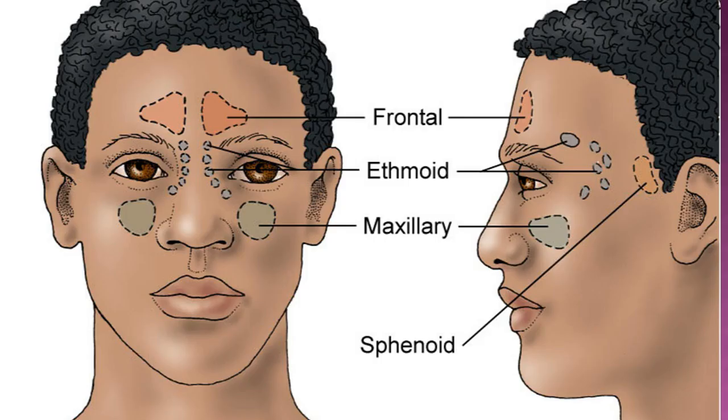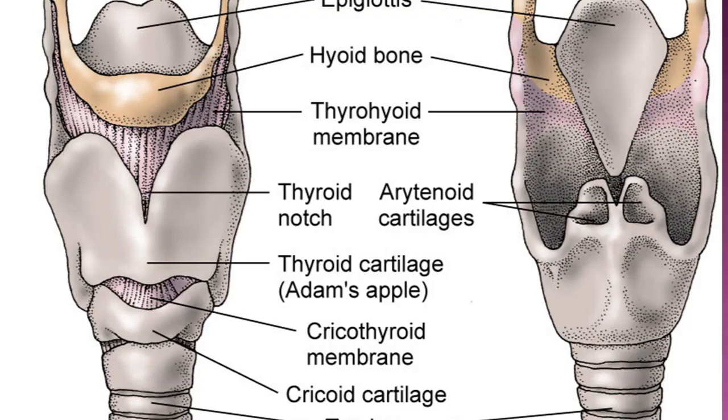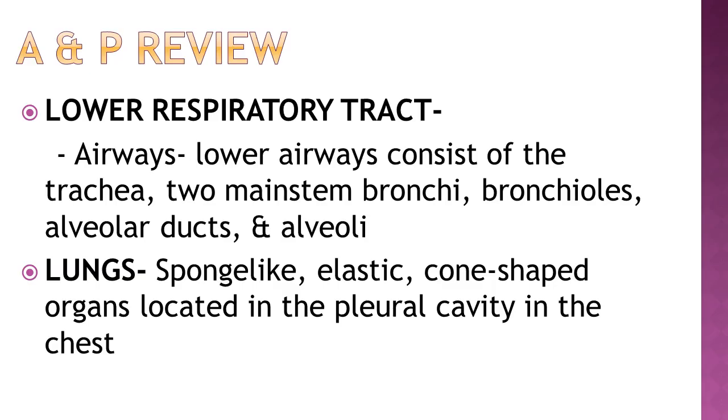And remember, think about the sinuses and the purpose of those. These are the paranasal sinuses. Thinking about the pharynx and the larynx, because anytime we have problems with that, we may see a compromise in the respiratory system. And these are just anterior and posterior views of the trachea and other surrounding structures.